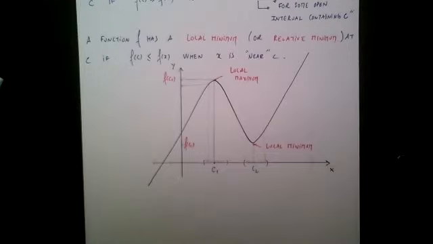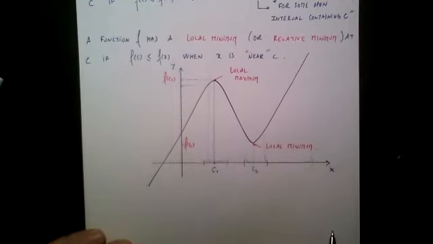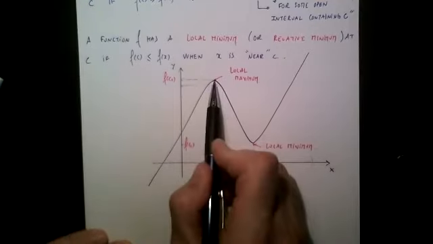Yeah, there could be more than one local maximum in an interval. There could be 20 of them, of course. But how do I know that what we're talking about is an actual local maximum? What are the requirements?